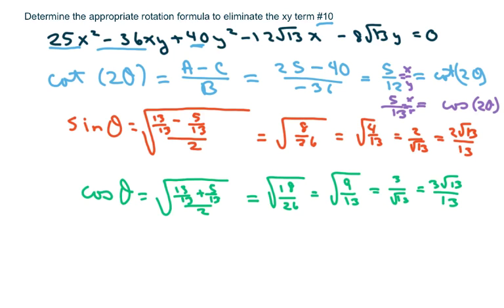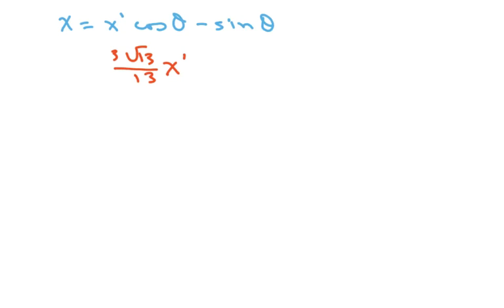And on the next slide, we're just going to use our rotation formulas to help eliminate the xy term. So we have x equals x prime cosine of theta minus y prime sine of theta. Cosine of theta was 3 square root of 13 over 13, and you put x prime.